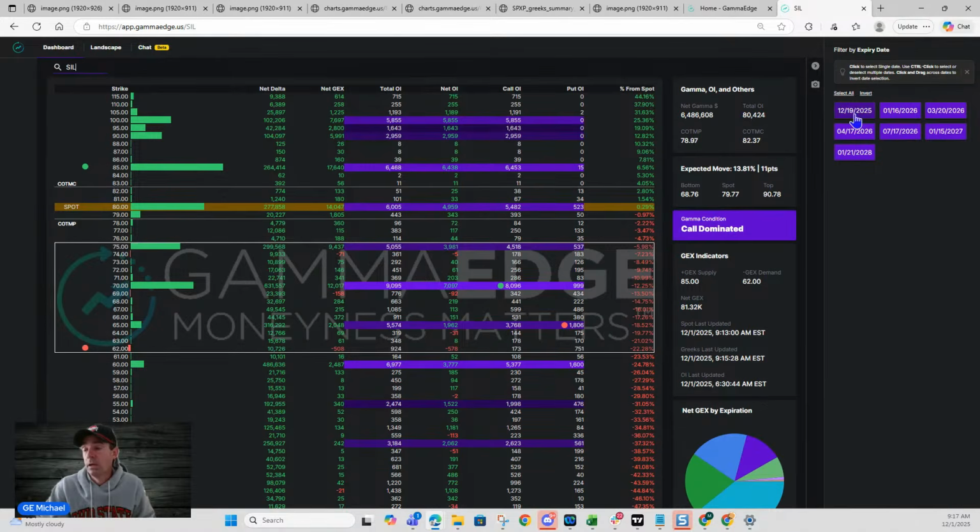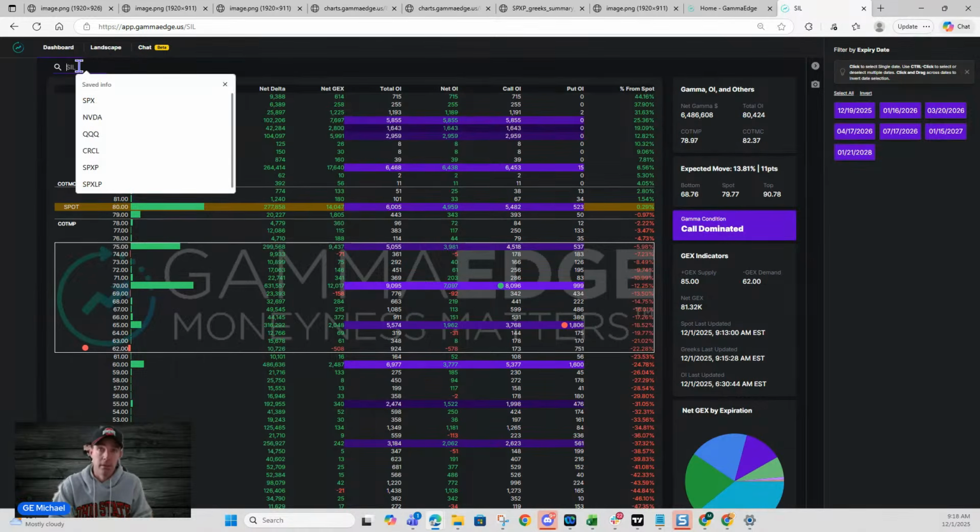So understanding the structure or projecting an overall move with the structure would be very difficult. I really don't want to put much credence in this overall structure because it's only monthly expiries and the total OI is very low, obviously compared to a stock like Tesla.